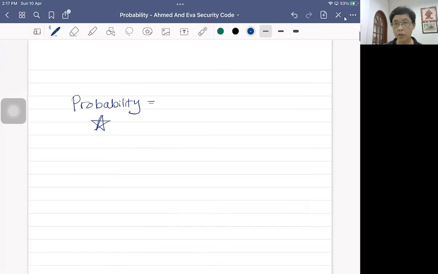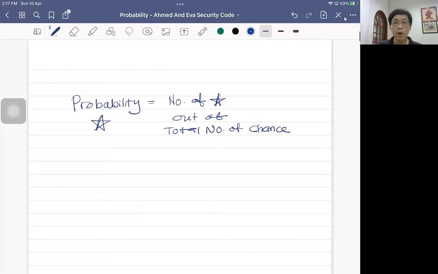It is always a fraction of the number of getting the star out of the total number of chances. Okay, so now let's read that through.